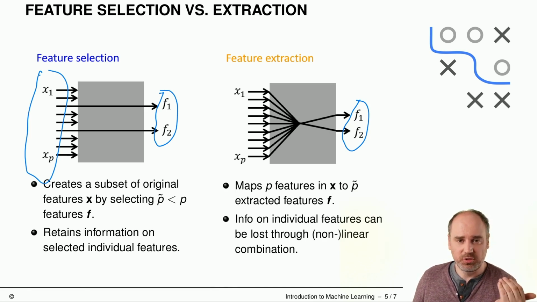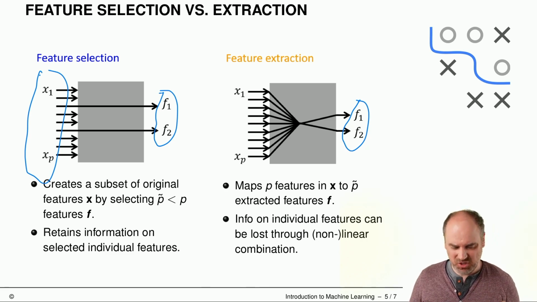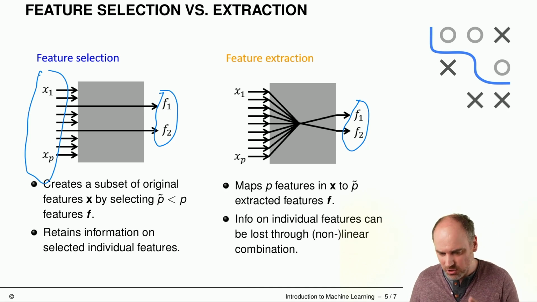So we can, for example, produce linear combinations of some input features, or even nonlinear combinations of them. And this means that the meaning and the associated interpretation of these original features can actually get lost through these transformations. And we might have a much harder time interpreting models based on these extracted features.